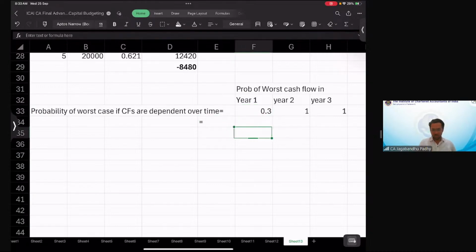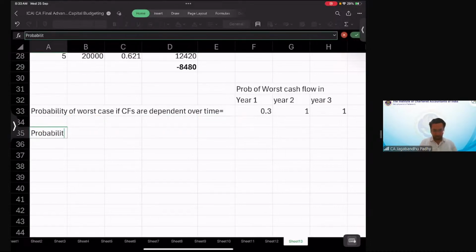So what's the total probability? Probability of cash flow is worst throughout the project.